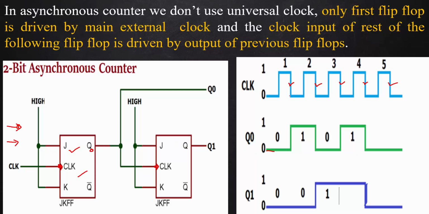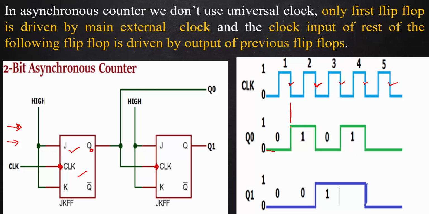Whenever the negative edge of your external clock happens, toggling happens in Q0, because J and K are both set to high, which means it will toggle. So the 0 will toggle to high during the negative edge of the first clock pulse. It will retain the high state till the negative edge of your second clock pulse.